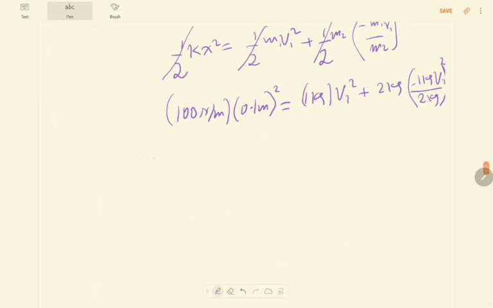With direct simplification, v1 is approximately 0.82 meter per second. And if we found the velocity of block 1, then it will be simple to find the velocity of block 2.